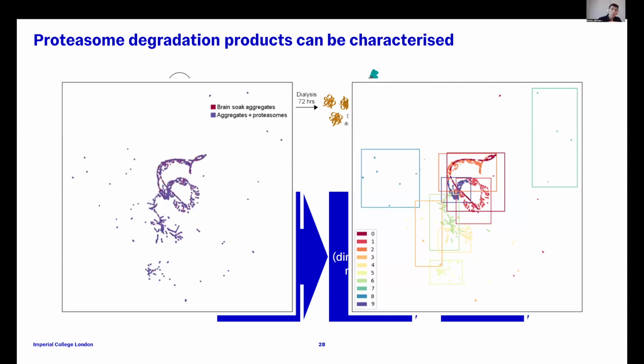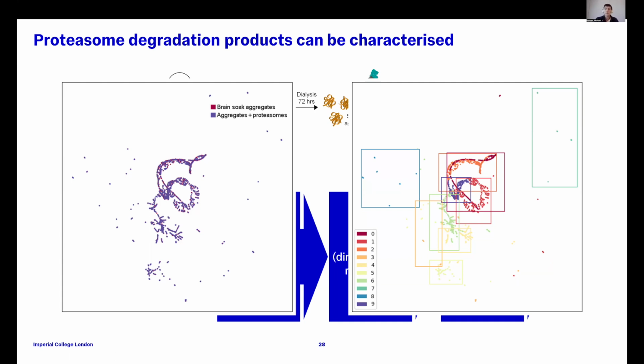And we can see that the brain-soaking aggregates plus proteasome samples, as we've termed them, are pretty uniformly spread across this UMAP projection. Here we've only got a couple of thousands of aggregates compared to the millions that we had in the other libraries. But still, we are able to identify 10 different clusters within this aggregate population.